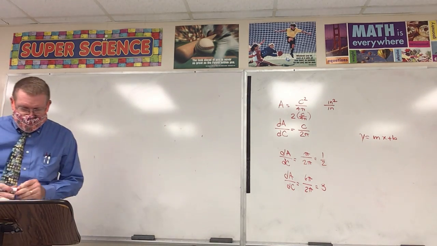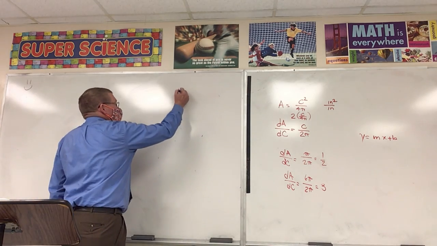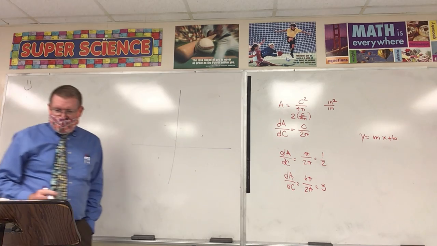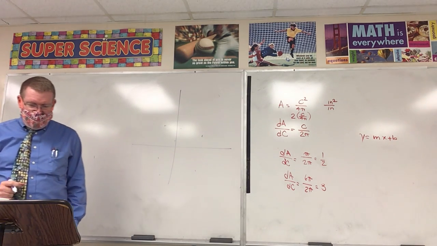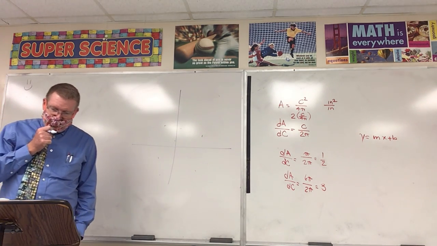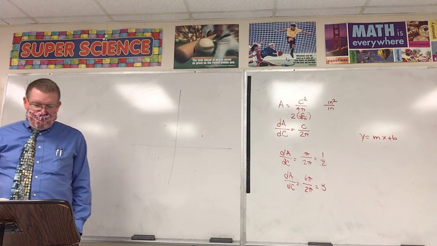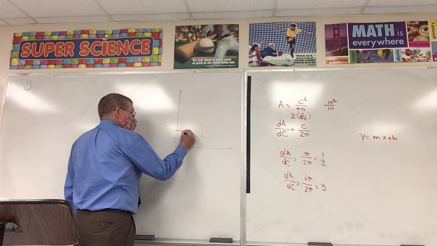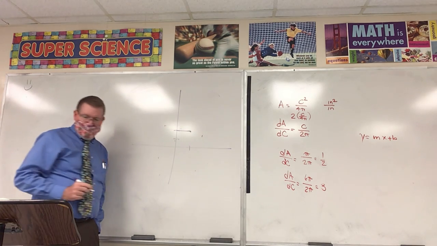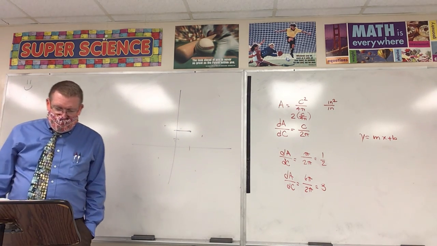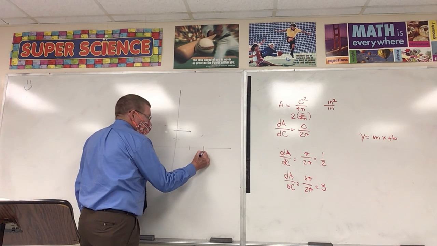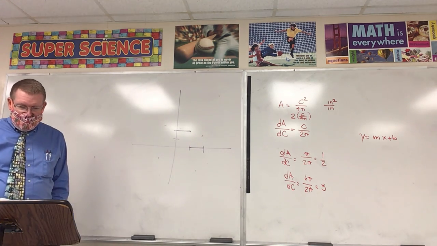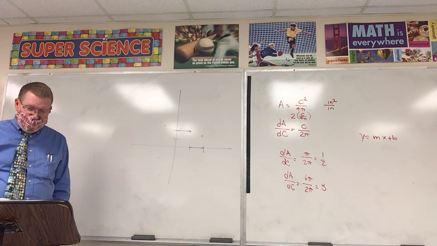Alright, so here's my graph. From 0 to 1, what's my slope? It's 2. From 1 to 2, what's my slope? Zero. From 2 to 3, what's my slope?